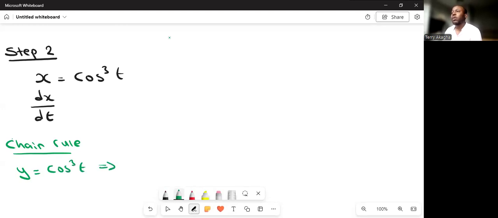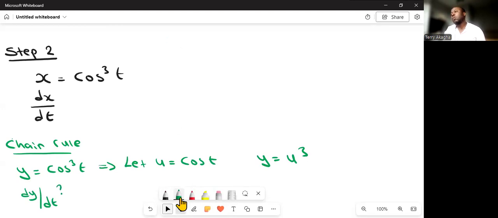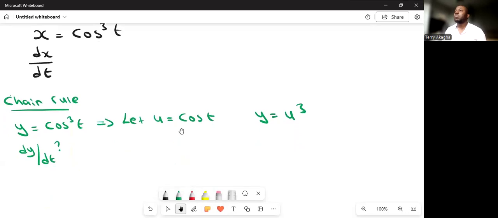Let u be equal to cos t, then y is equal to u cubed. Are you seeing it? But what we are looking for is dy over dt, right? So that's what we need to find. All right, so let's go.